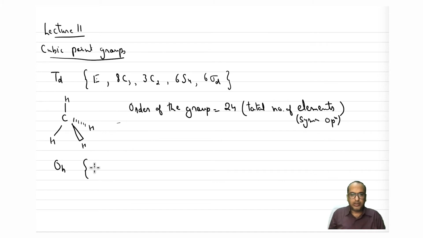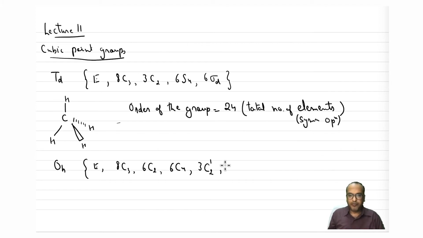Let us also list down, we can see the example as AB6: E, 8 C3s, then we have 6 C2s, 6 C4s will be there, and 3 additional C2 primes will be there.